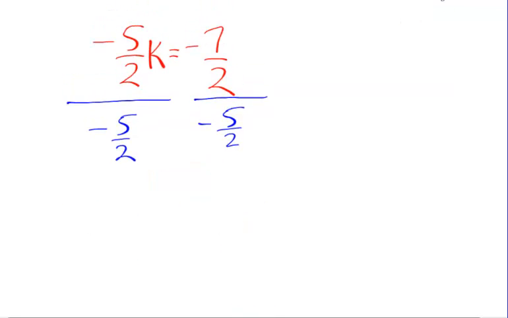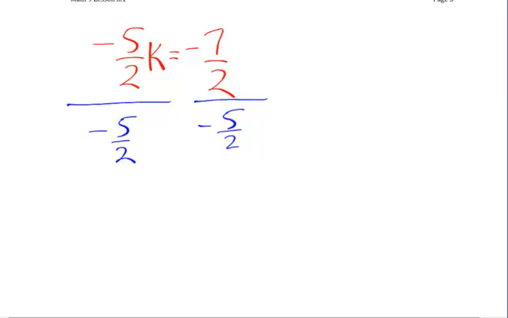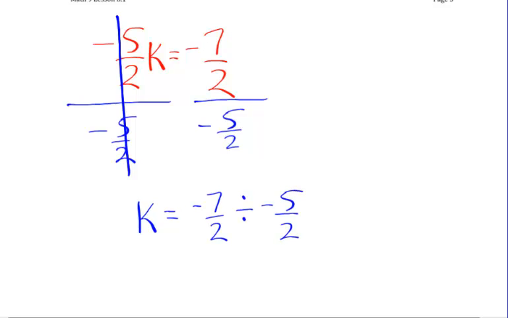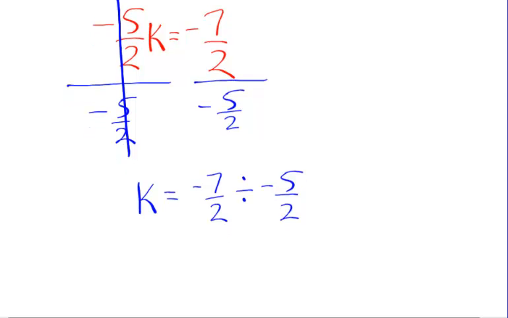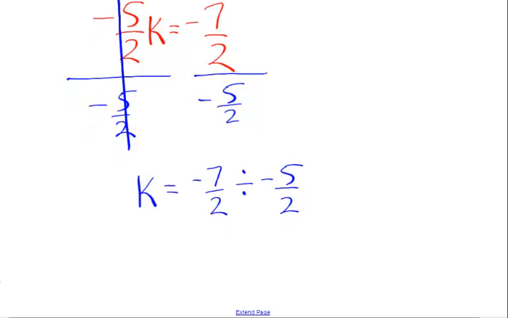All right, so any number divided by itself is 1. So these 5 halves on this side cancel out, and I'm left with k equals -7 halves divided by -5 halves. Now there are 2 ways that we can solve this. I'm going to show you the first one, and that's a situation we learned about last year in grade 8.